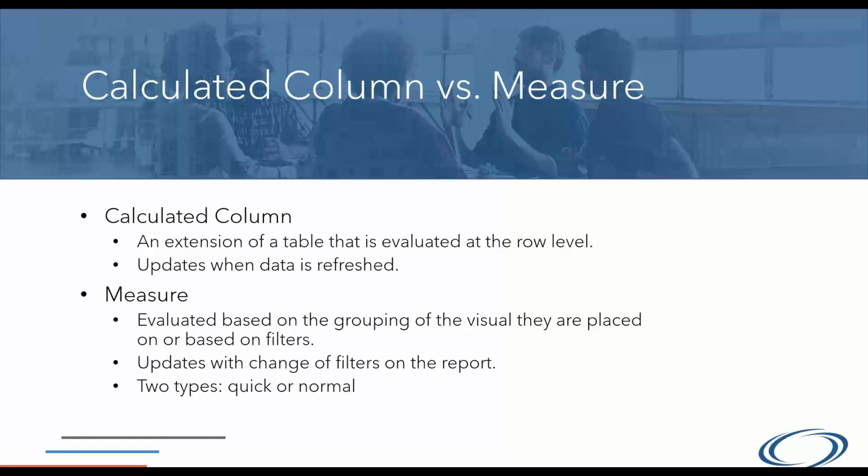Another important consideration is where it's evaluated at. So if you want to know, let's say, an average sale price, and you enter a calculated column and you say, okay, give me an average. You're getting an average at every row level. And then if you place that on the face of your report and you say, okay, I want to see the average of all of these, and you use that same column, it's going to add together all of those averages and come up with an average of the average.